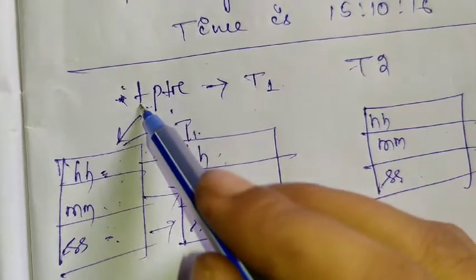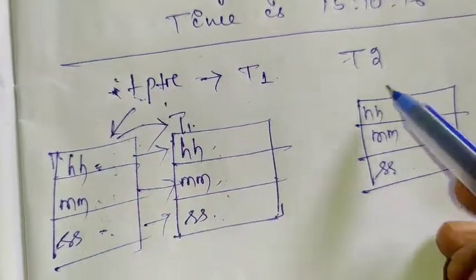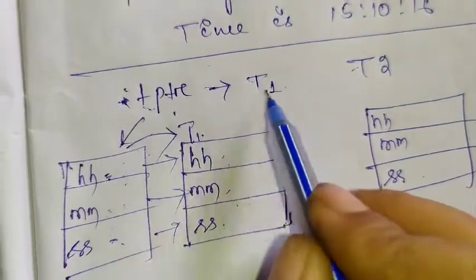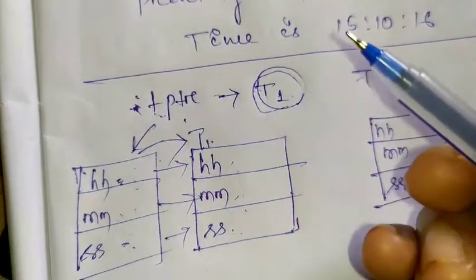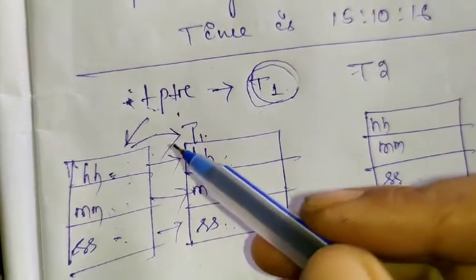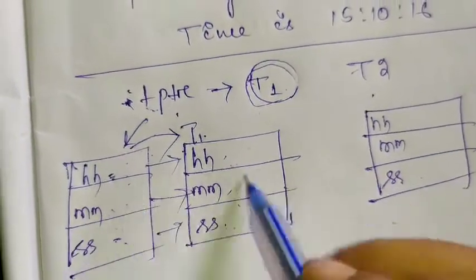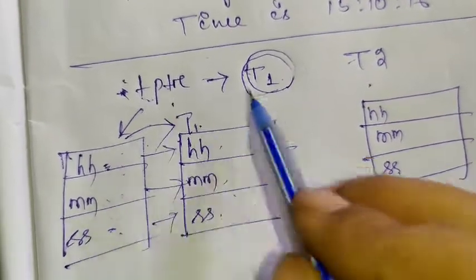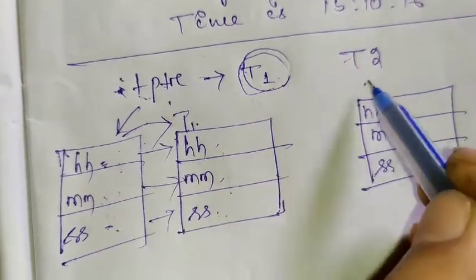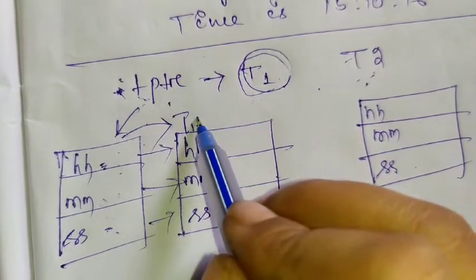Or if we change tptr variables, T2 also will not change, as it points to the object T1, not T2. If we create another object variable for T2, then this syntax will be followed. But not here, as these two were different and these two were also different.